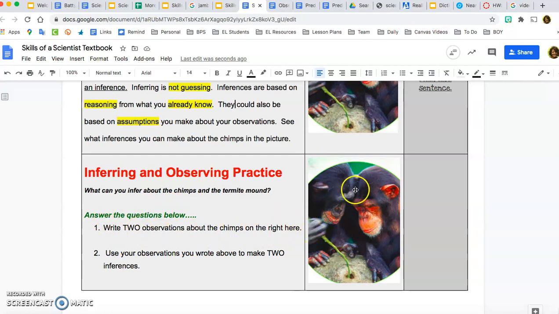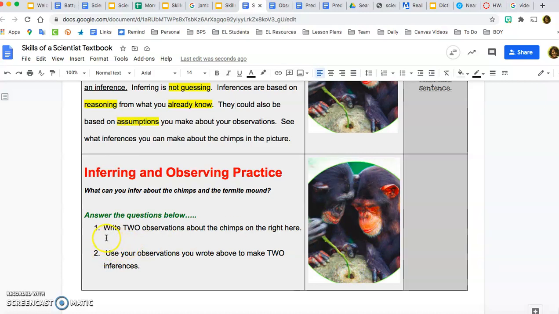So what are you observing about them? Okay, what do you see in the picture? Okay, here he's got a hand, so he's holding something. You could see maybe what they're looking at. Okay, don't make any inferences yet about what you think you know they're doing. Only write down what you see.